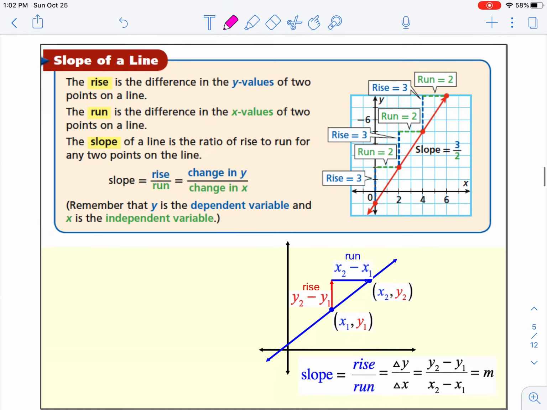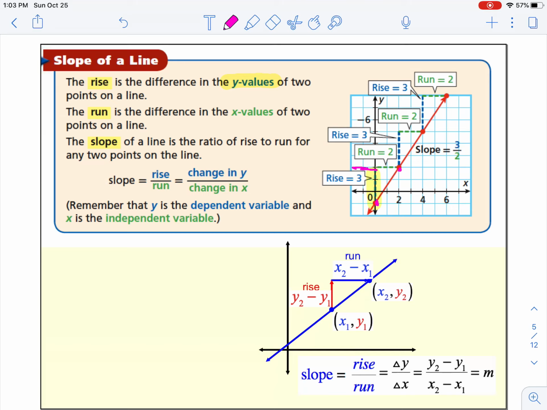So here's pictorially, or with the picture and graph, what this looks like. When we were calculating all those changes for a given time period, we had some different ordered pairs. The difference here is because this is linear, it's going to be a constant change. So the rise right here is the difference in the y values. When you go from this point to this point on the graph, you are looking at how far you're rising.